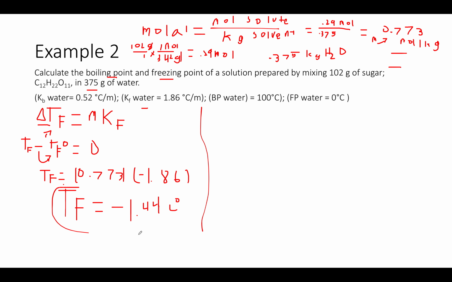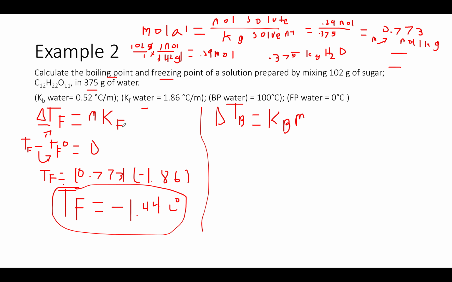So if I opted to do it the way of using delta TF, I would have just subtracted 0 from positive 1.44, and that would have made it negative. Either way is fine. So now let's look at the boiling point of this solution. Boiling point elevation equals the boiling point constant times the molality.